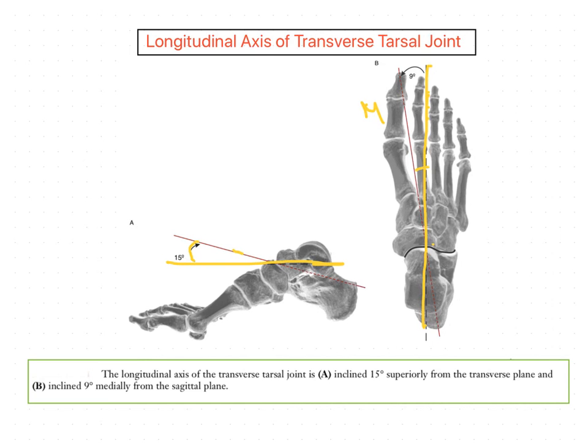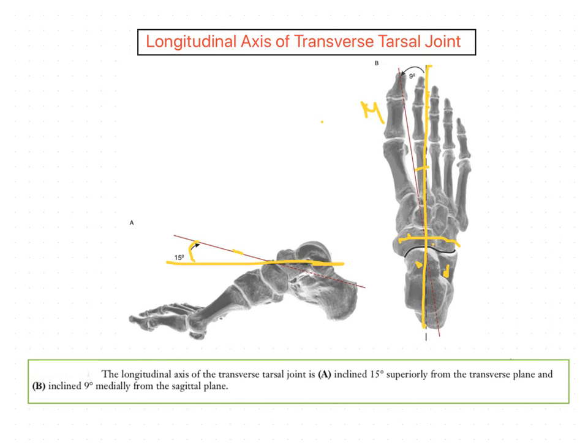The magnitude of supination and pronation in the subtalar joint is different from that in the transverse tarsal joint. Here the supination and pronation include both the talus and the calcaneum segments moving on the navicular and cuboid segments.